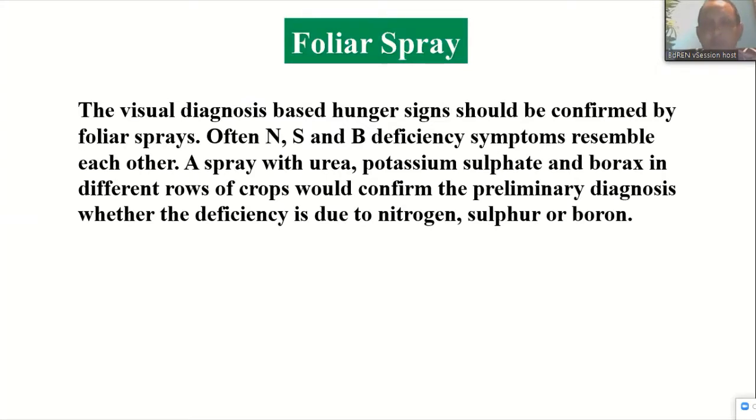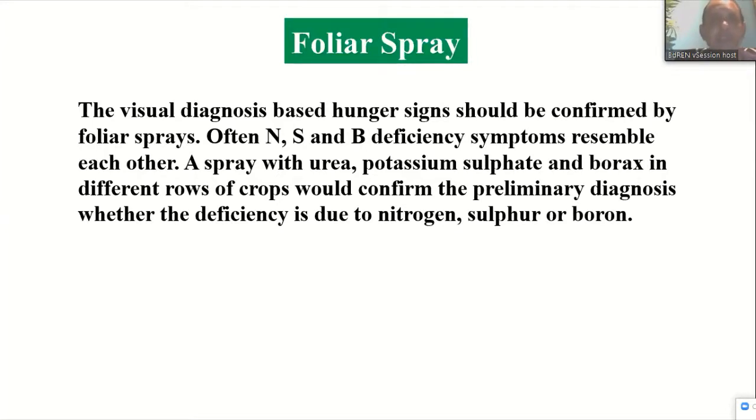Foliar spray is one of the techniques to identify nutrient deficiency. Sometimes there is a deficiency symptom on plants, and if we spray a specific nutrient and after spraying the deficiency symptom disappears, then we can say this deficiency was due to that nutrient.